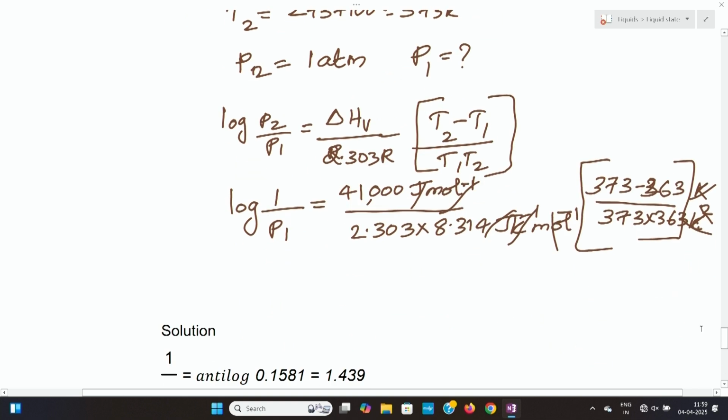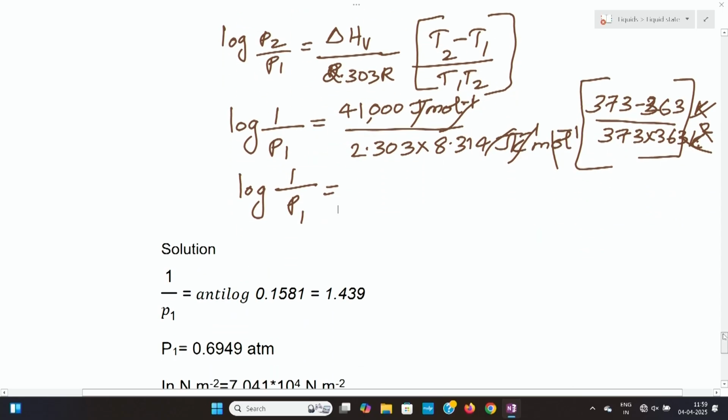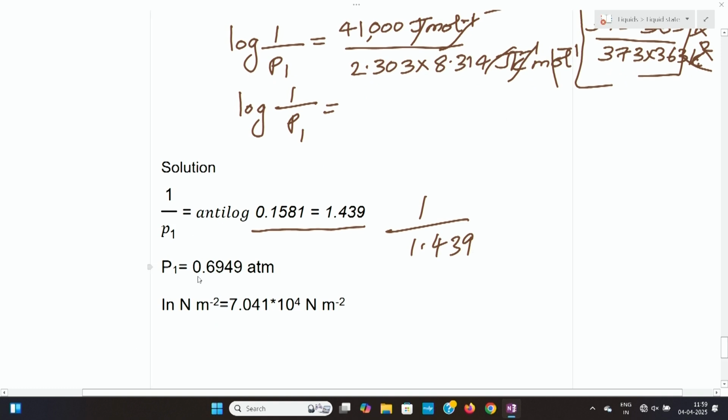And finally, if we calculate all these things in our scientific calculator, we will get log 1 by P1 is equal to 0.1581, so 1 by P1 is the antilog of 0.1581, that is nothing but 1.439, and here P1 is 1 by 1.439, that is nothing but 0.6949 atmosphere.